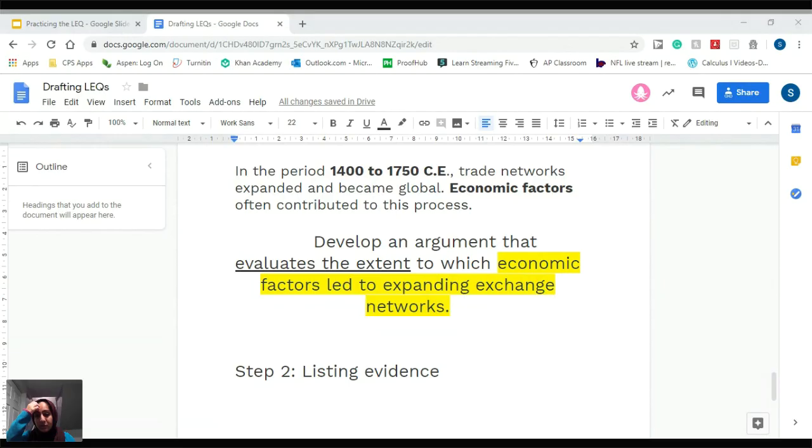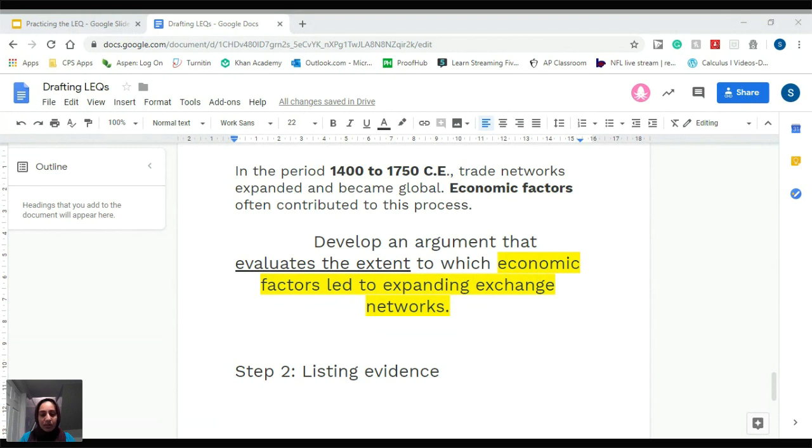So how did this tributary system lead or did not really lead to expanding exchange networks? States.